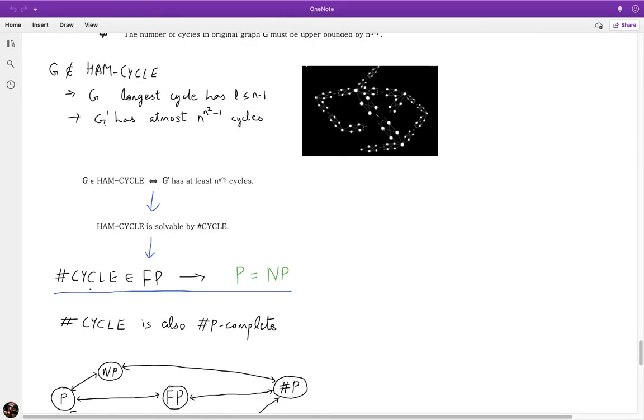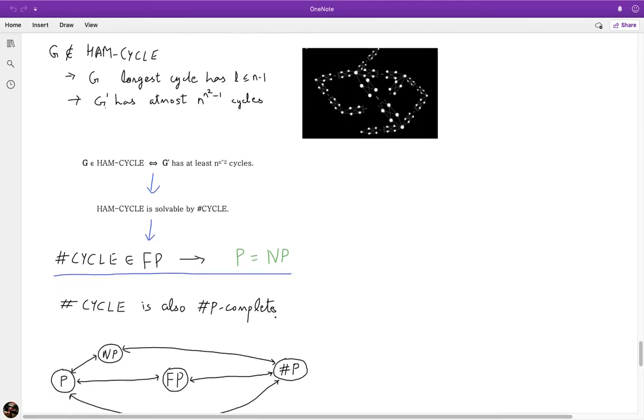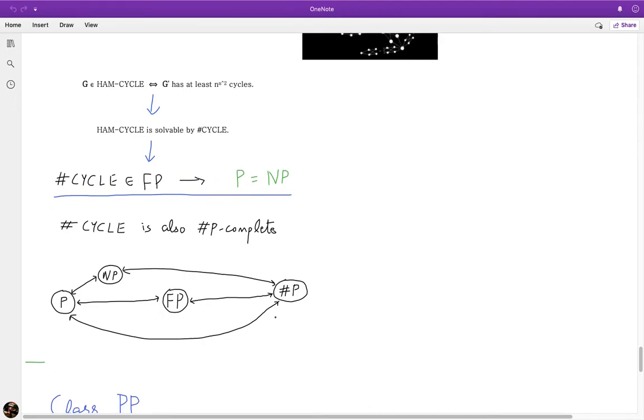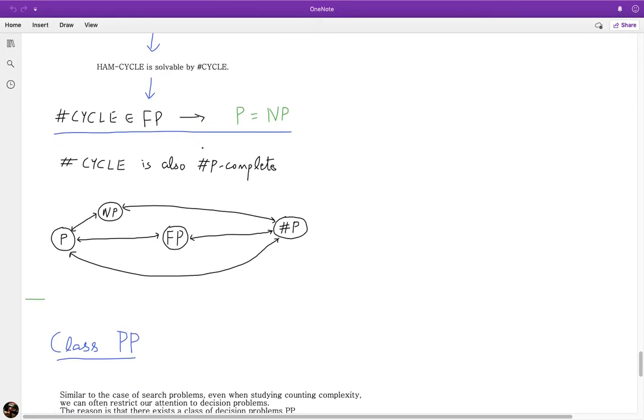So this again implies what we are trying to prove: that if #cycle belongs to FP, meaning the functional polynomial class, then it can be solved in polynomial time, and so can Ham cycle be solved in polynomial time as well, which would imply that P is equal to NP. So this completes the proof for the given implication.